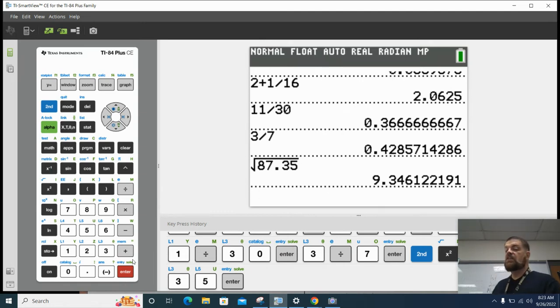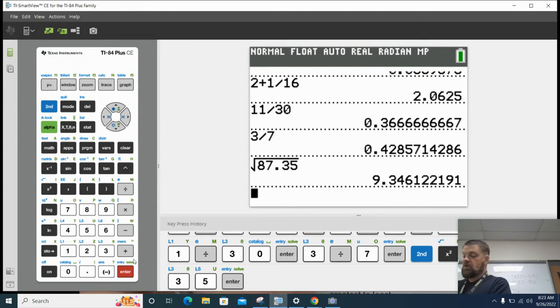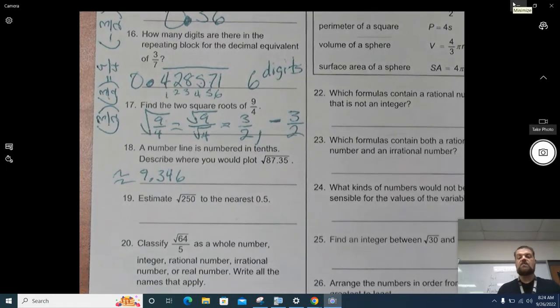So what they're saying is round that to the 10th spot. Or you could place it somewhere, right? So let's write this down. It's 9.346 approximately.